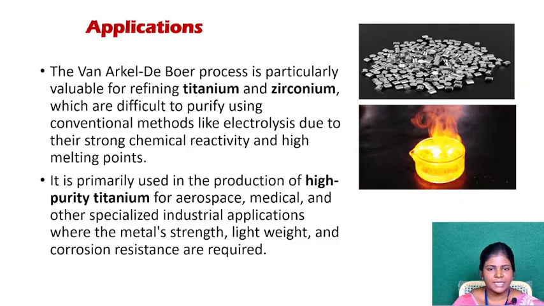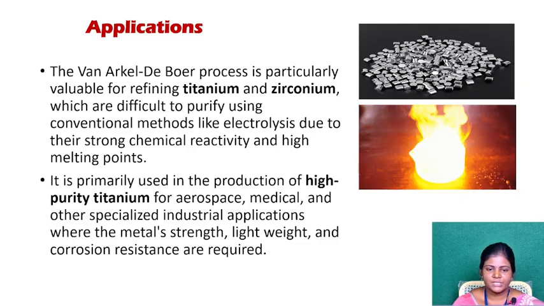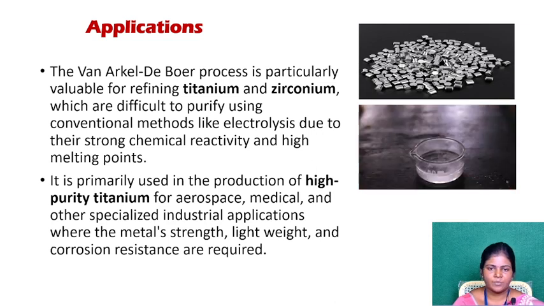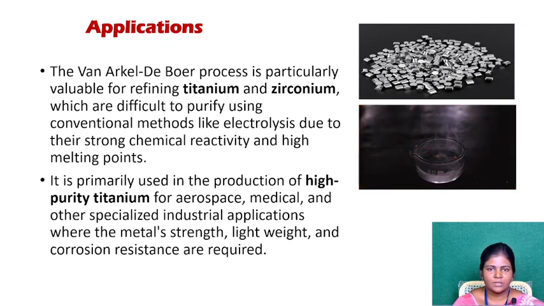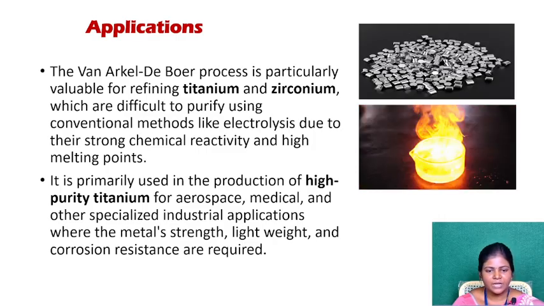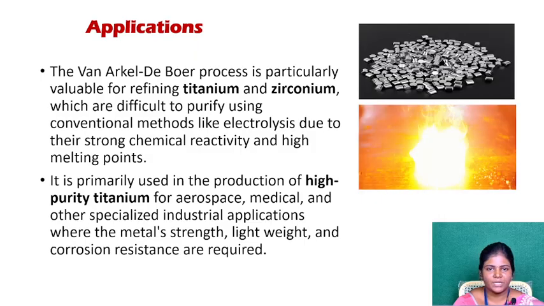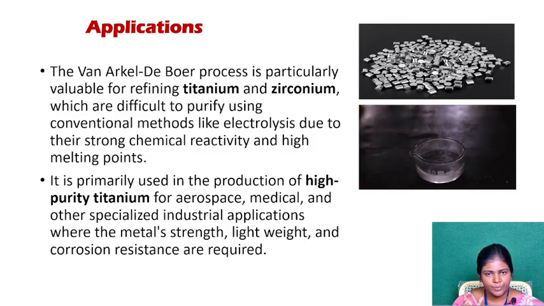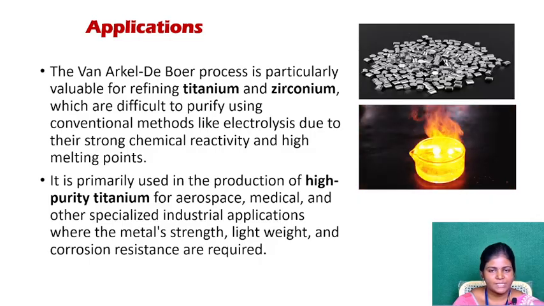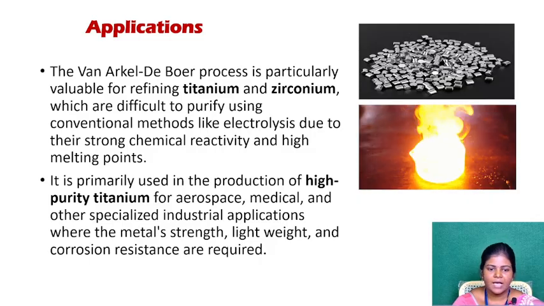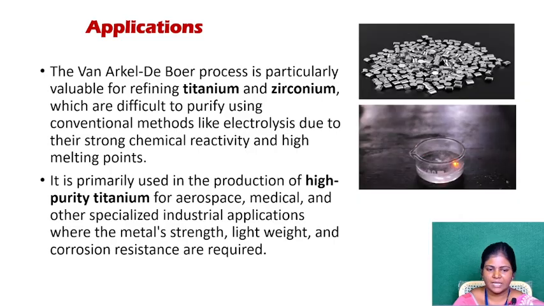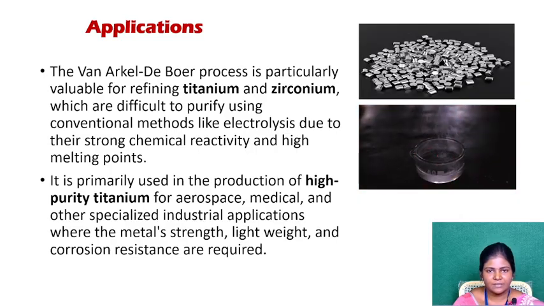Other methods like electrolysis are not much used due to their strong chemical reactivity and high melting point. It is primarily used in the production of high purity titanium, especially for aerospace, medical and other specialized industrial applications where the metal's strength, light weight and corrosion resistance are required.